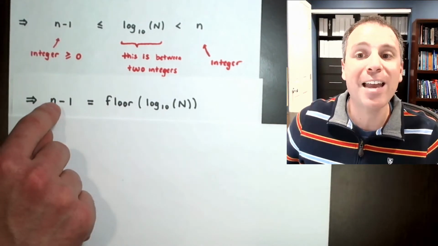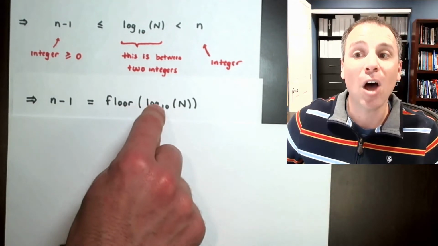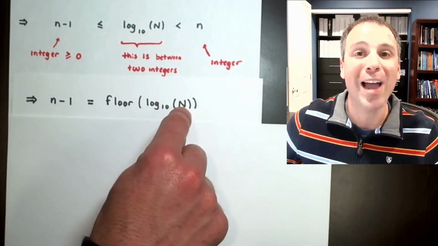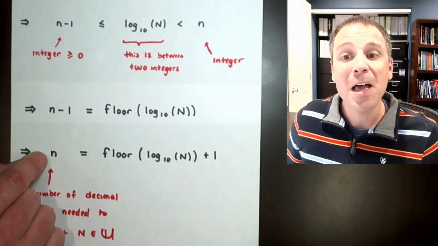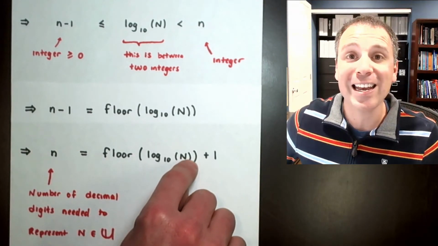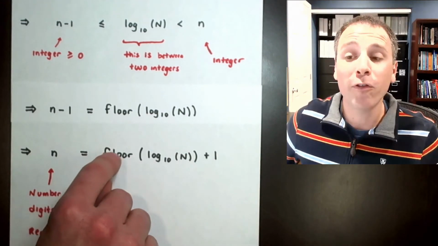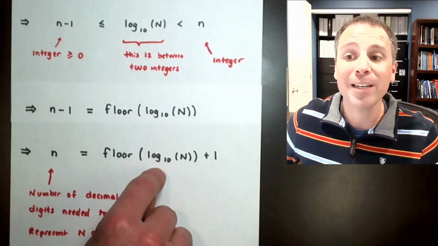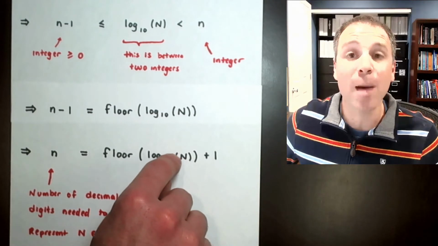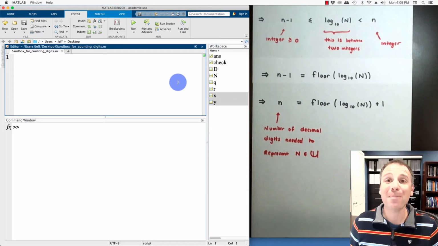In other words, n minus 1 is going to be equal to the floor function of log base 10 of capital N. And another way to say that is the number of digits used to represent uppercase N in decimal representation is given by the formula the floor of log base 10 of capital N, the number we're trying to encode, plus 1.